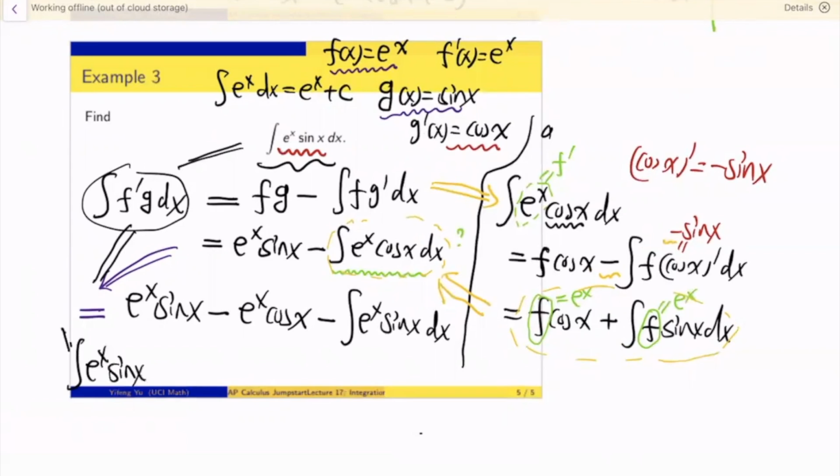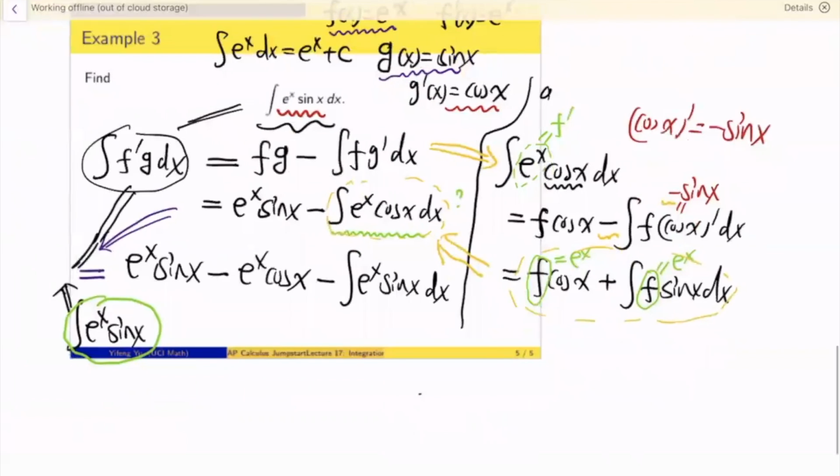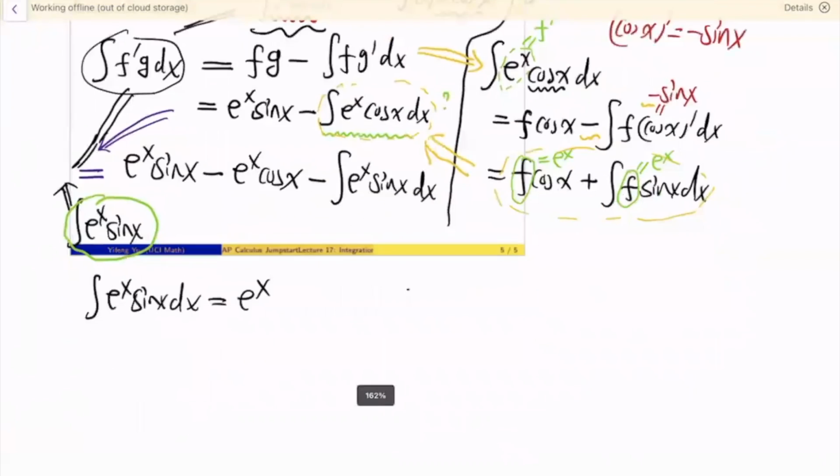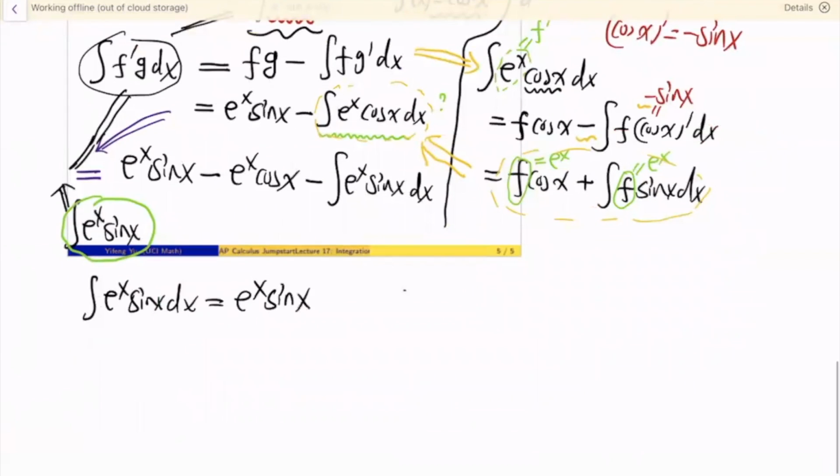Let me just write it one more time: the antiderivative of e^x sine x dx equals e^x times sine x, minus e^x times cosine x, and minus the antiderivative of e^x times sine x dx.